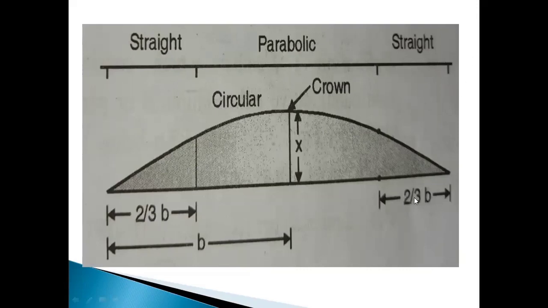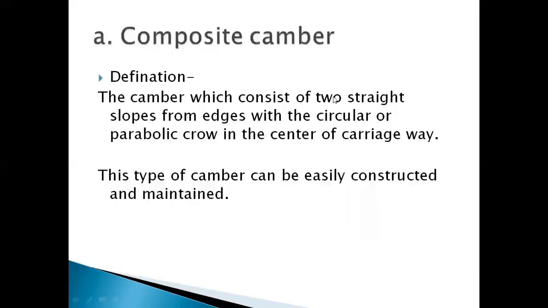Then on the other side, 2/3 b is also a straight slope, and at the middle the shape of crown is parabolic or circular. Hope you all get the composite camber.